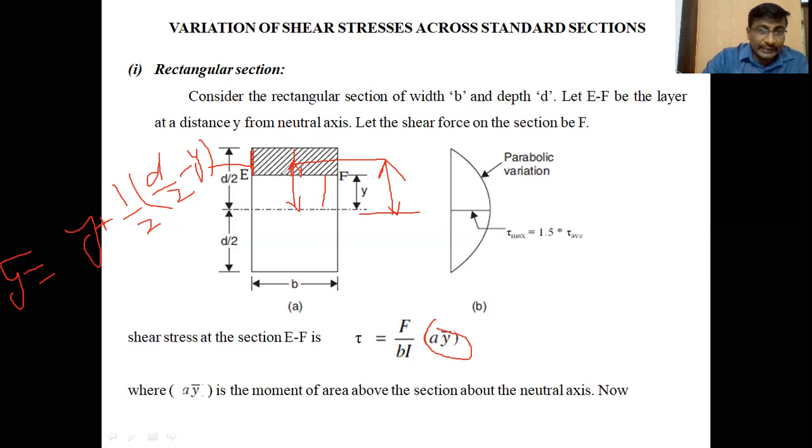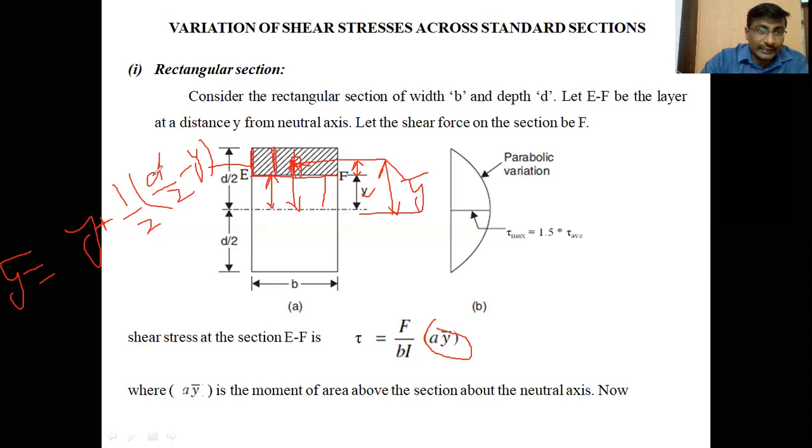Y bar is the center of gravity of that shaded portion from the neutral axis. From the neutral axis to the EF level is the distance y. The remaining distance is from the EF layer to the center of gravity of the shaded portion, which is half of the total height of the area.